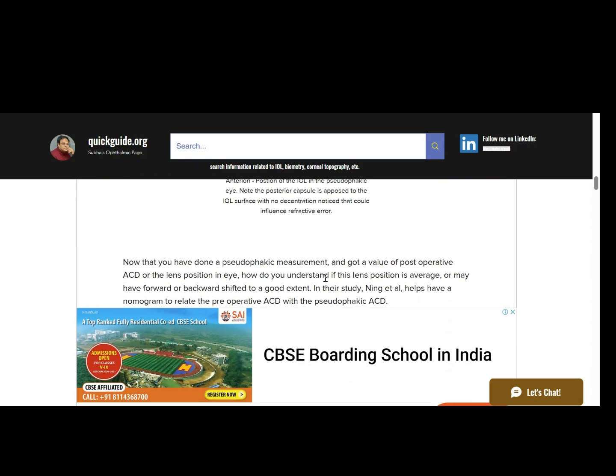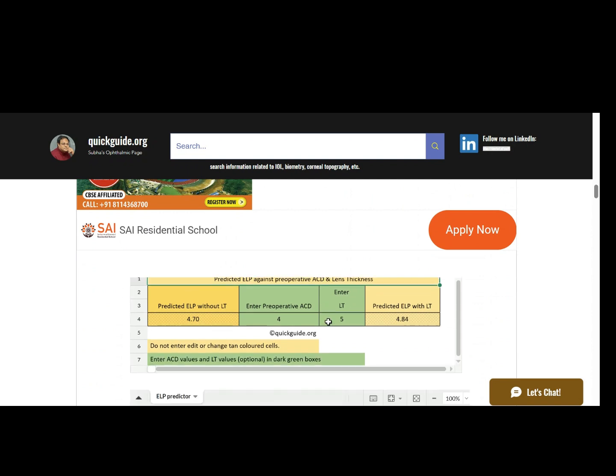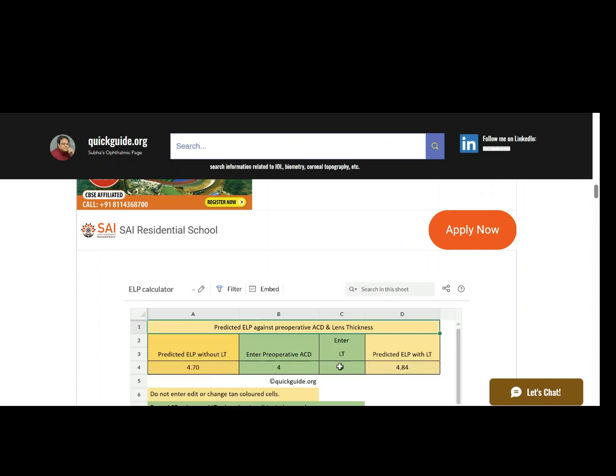And then, since it is so important, it is also important for us to understand what could be the predicted effective lens position of the IOL based on the preoperative ACD and the lens thickness.